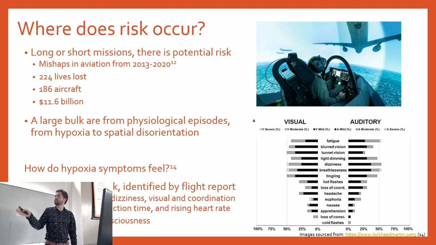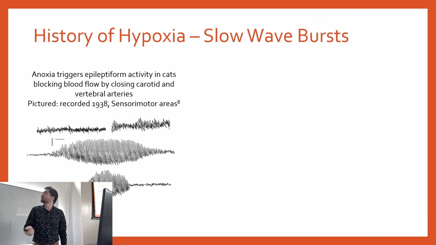So with hypoxia, you start to get these types of symptoms coming in, of visual and auditory hallucination, or issues with mental fatigue. So in hypoxia, this has been studied for a long time. The EEG being created around the 1920s, Berger, the creator of the EEG, even looked into breathing into paper bags and starting to see changes in the signals.